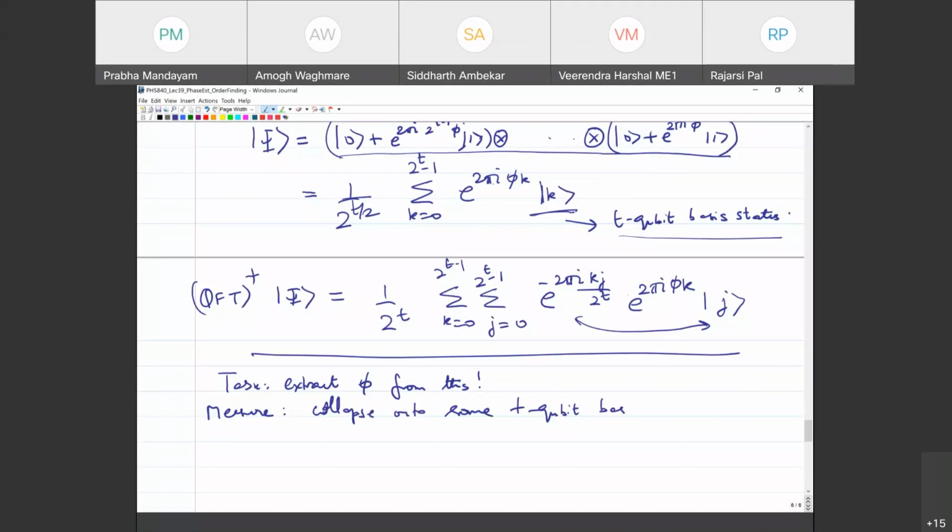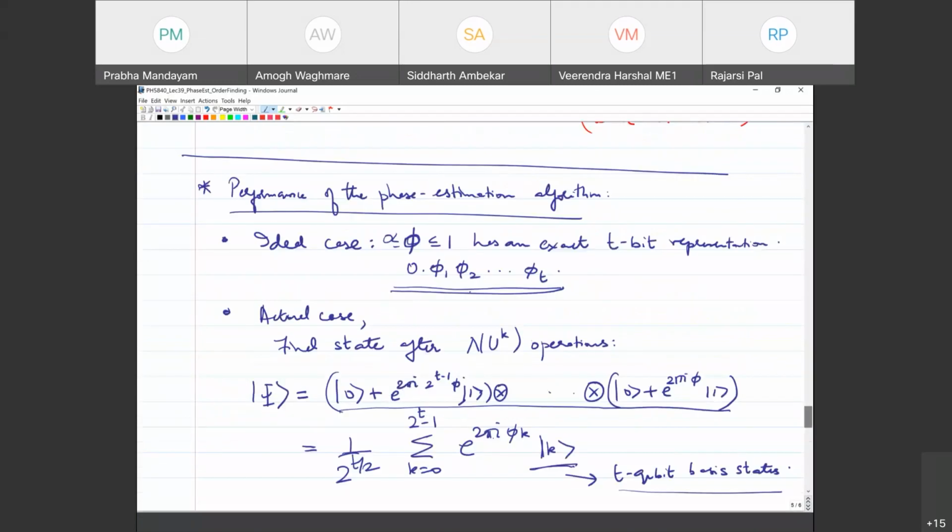And these weights will tell you what those amplitudes are, right? So the probability aspect comes from this. This entire sum would collapse into a single computational basis state with simply phi 1, phi 2, etc., phi t as the t labels, if this was ideal.